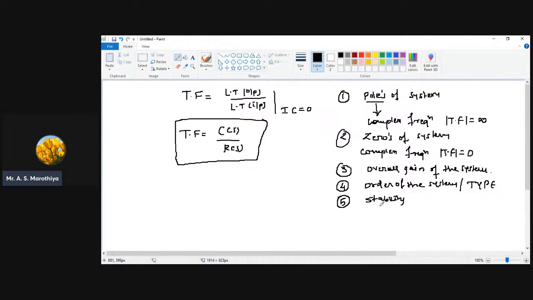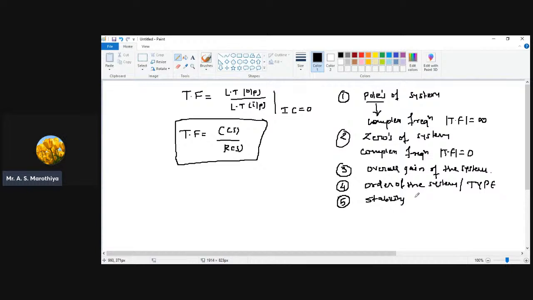The first and fundamental requirement is the transfer function of the system. If you know the transfer function, maybe the open loop transfer function or the closed loop transfer function, then we can apply those concepts to find out its stability.